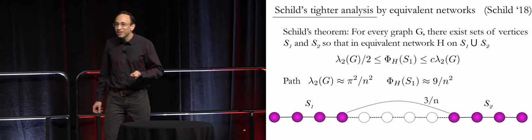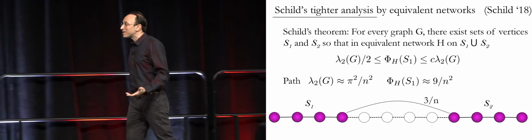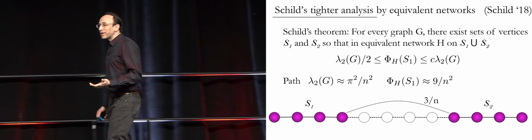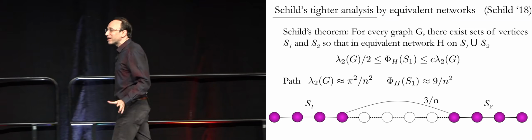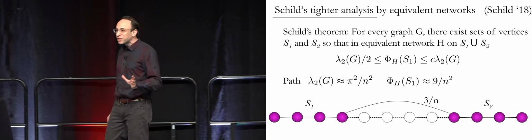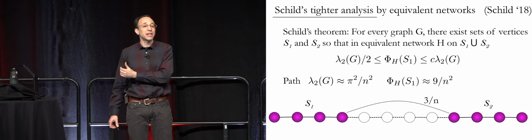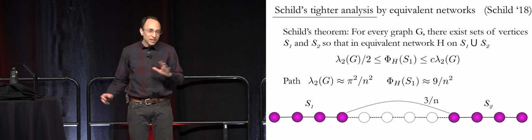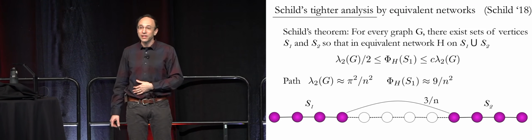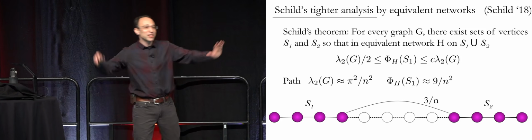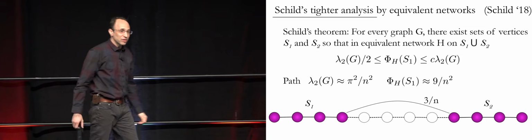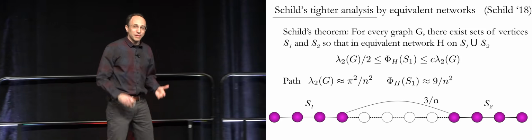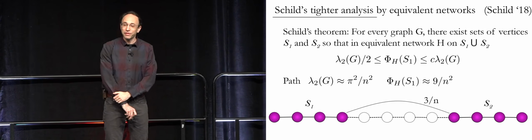And now if I take a look at just, say, the left half of the vertices, the set S1, that's n over 3 vertices. They're connected by one very weak spring of strength like 3 over n to the other side. So this has conductance on the order of 1 over n squared. Okay, so that's at least a quick example of Schild's theorem, which explains a phenomenon people have been looking at for a very, very long time.